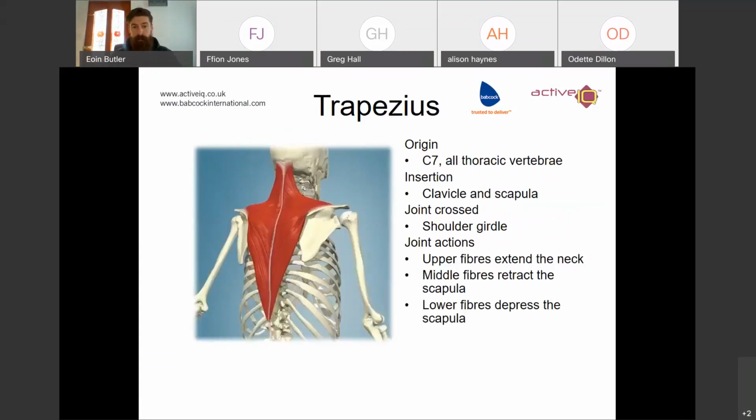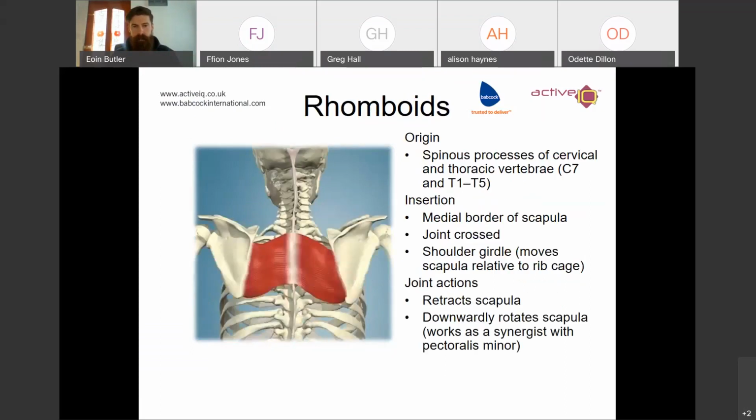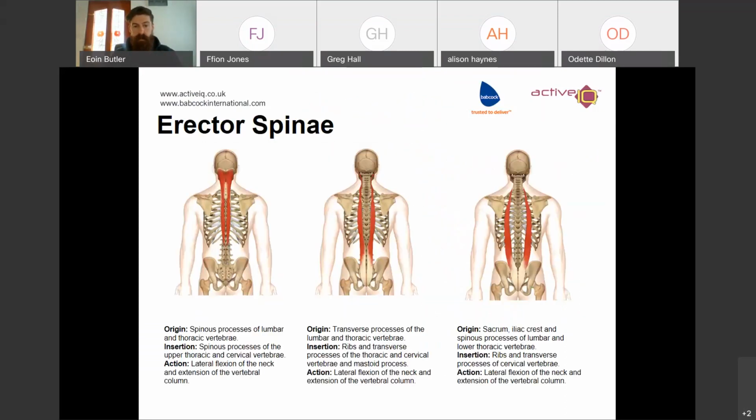Trapezius: as we can see, a big kite on the back. Rhomboids are in between the shoulder blades. Erector spinae is what we looked at on level 2, but now we're splitting our erector spinae into the 3 muscles that make it up. We've got spinalis, which runs really close to the spine.